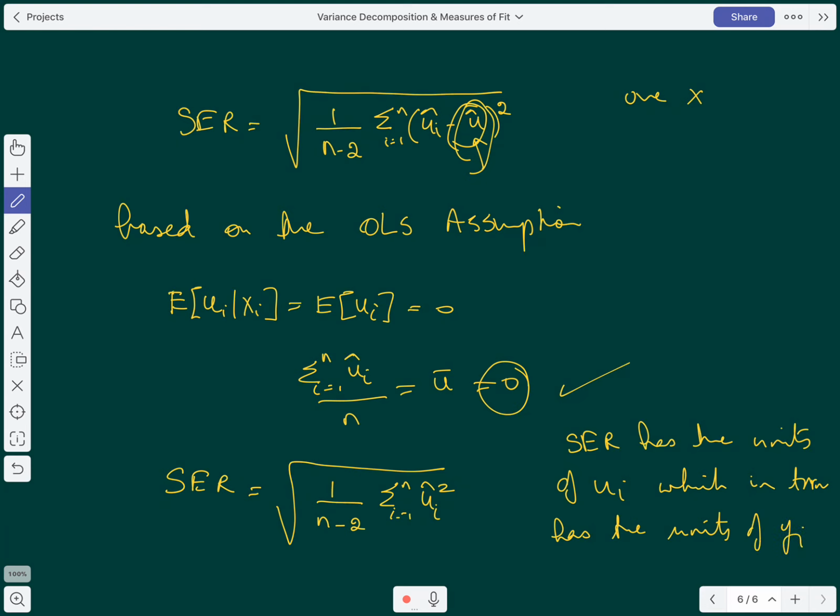If you don't understand why, the idea is that if u_i is in cents, then this one is going to be in cents. If this is in miles, then this is in miles. If this is in years, then this is in years, and so on. The idea is that u_i is made out of y. It's y minus y_i hat, squared. So whatever the unit of measurement of y, it's going to be the same unit of measurement of u_i.